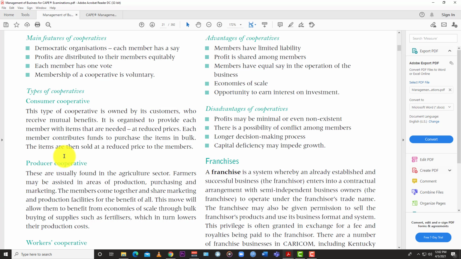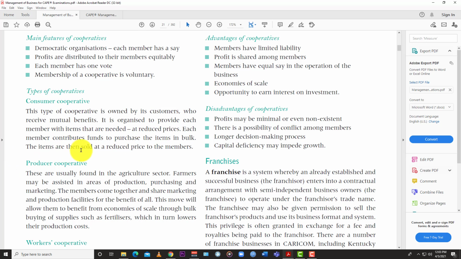A bunch of people come together, buy stuff together in bulk, so that it's cheaper on an individual basis. This type of cooperative is owned by its customers who receive mutual benefits. It is organized to provide each member with items that are needed at reduced prices. Each member contributes funds to purchase the items in bulk.